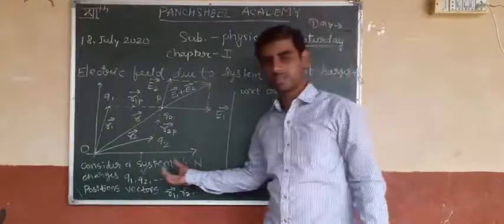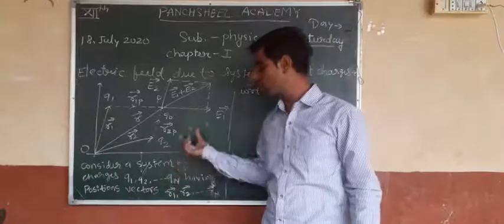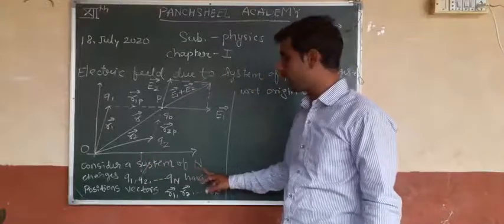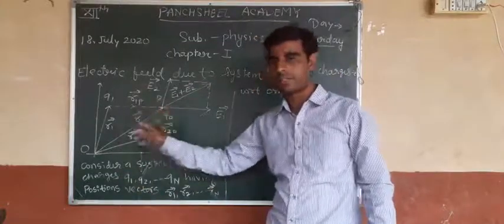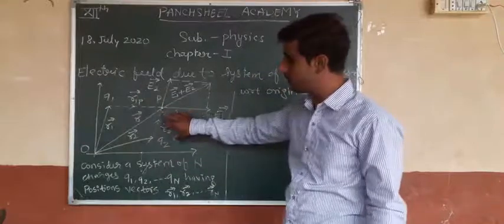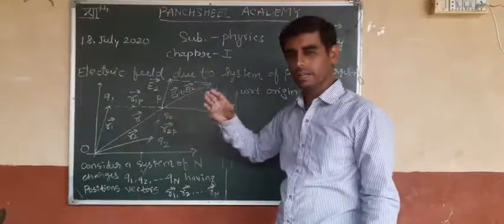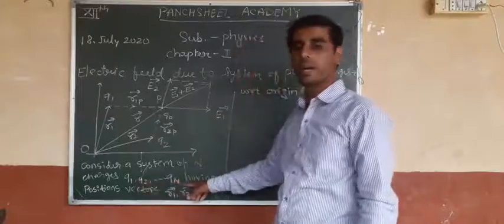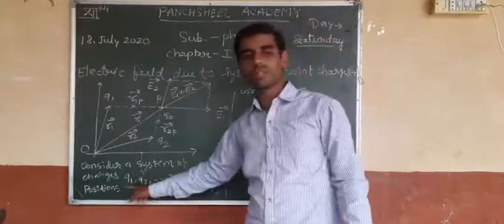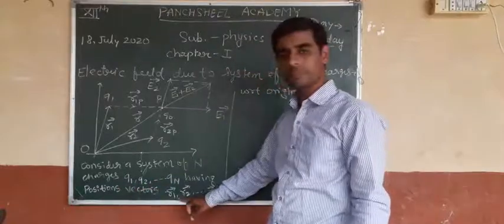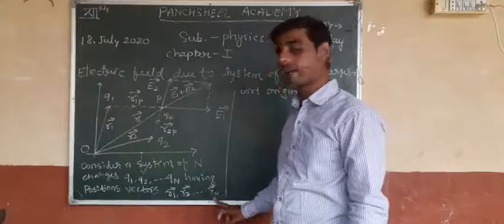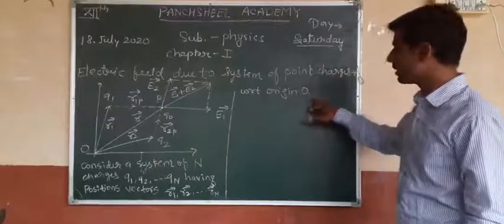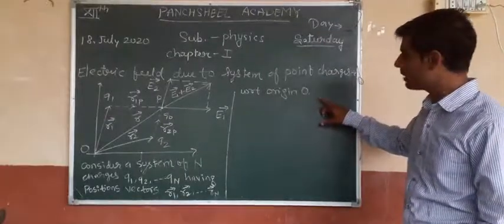So I write here some considerations before going to the derivation of the electric field due to the individual charges. Consider a system of n charges, and I take only two charges. If n charges are there, Q1, Q2, up to Qn, having position vectors R1 vector, R2 vector and so on up to Rn vector with respect to the origin.